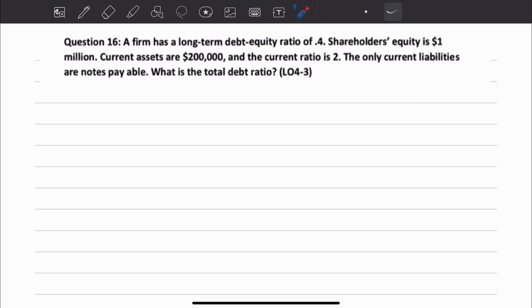So to start off, we know that the long-term debt to equity ratio is 0.4, and the shareholders' equity is 1 million. From there we can derive our long-term debt. So we want to find the long-term debt. We'll use the debt to equity ratio formula.